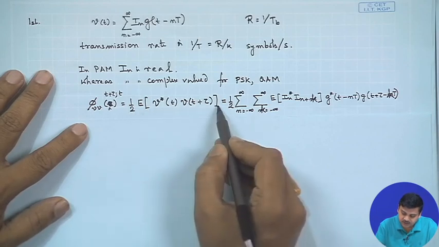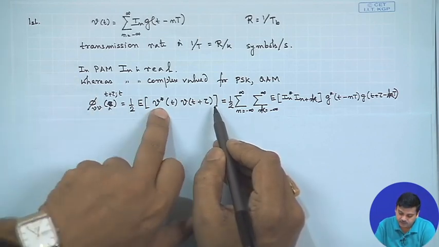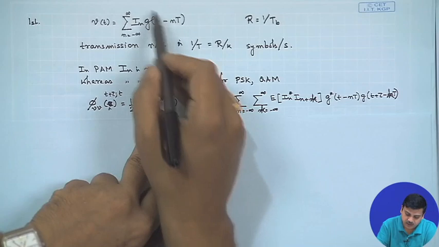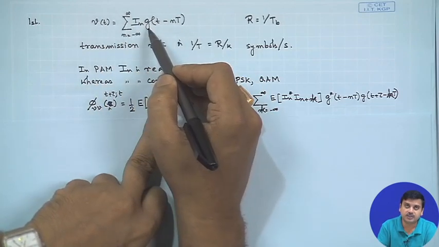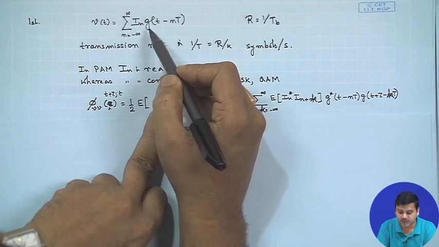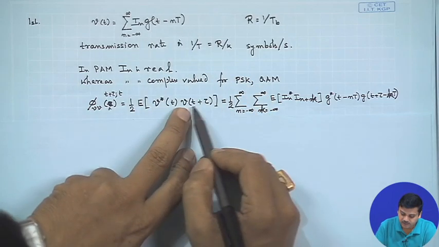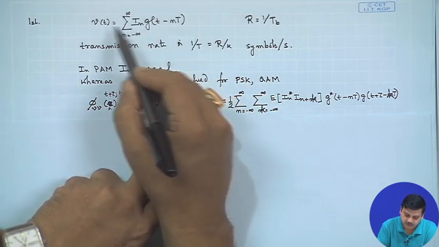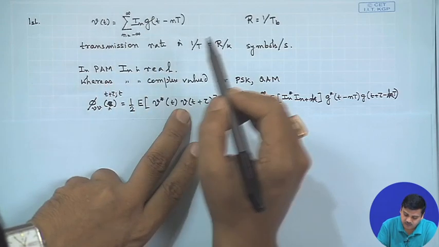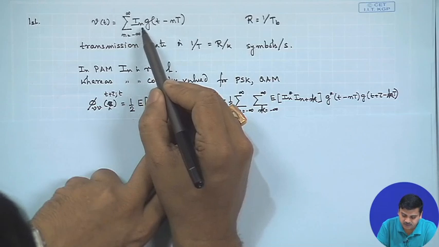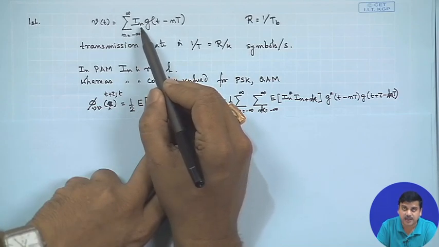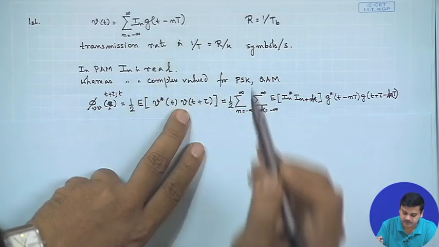This expression we should now expand. V of t is what we have over here, a conjugate would lead to a conjugate over there, g is a real valued signal that we have already said since the beginning, and V of t plus tau should have another signal, and in that second signal we should have a different index, so I k in this expression.